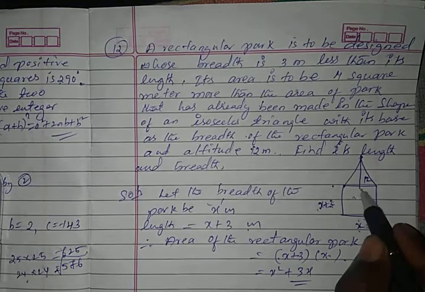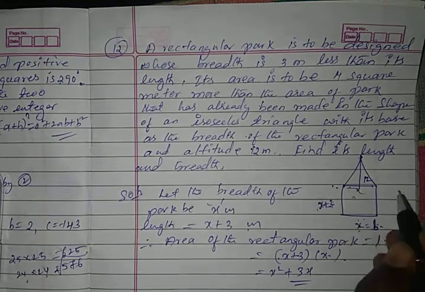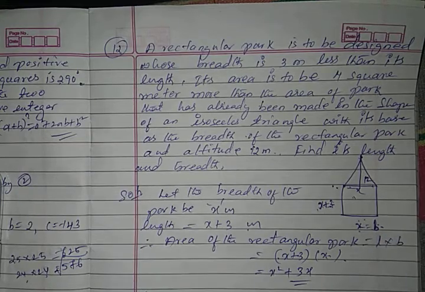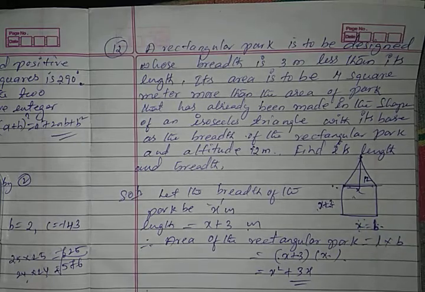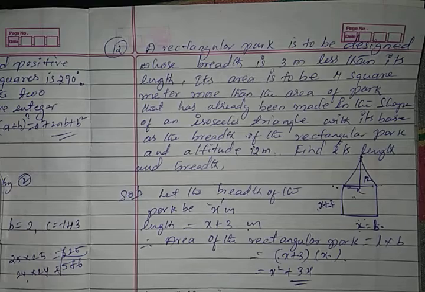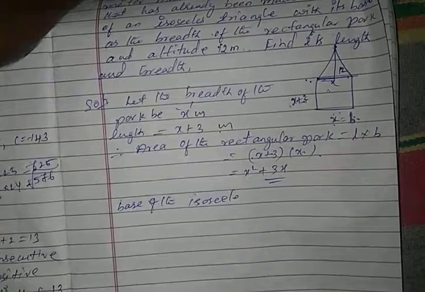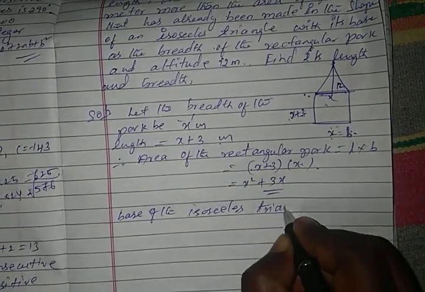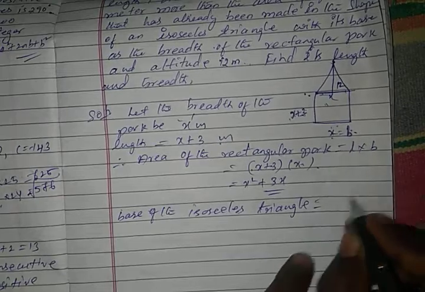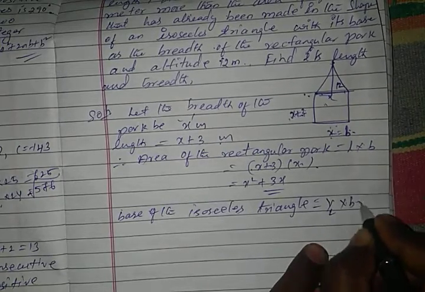Next, we have to find the area of the isosceles triangle. The area of the isosceles triangle is equal to half into base into height.